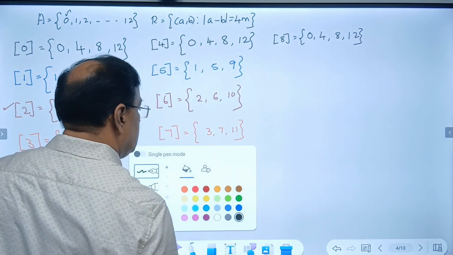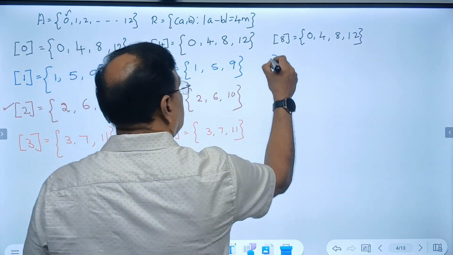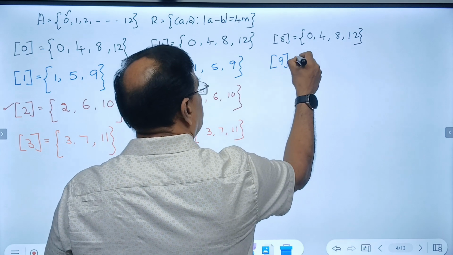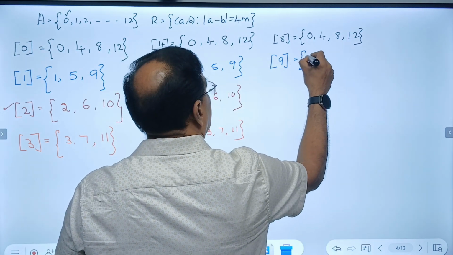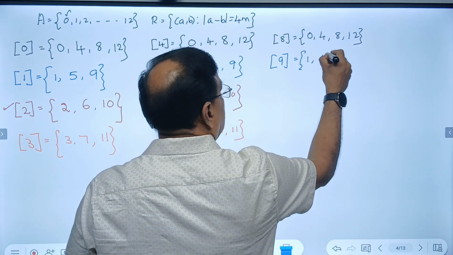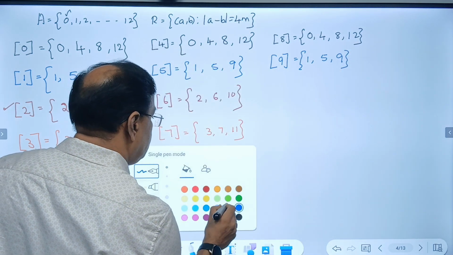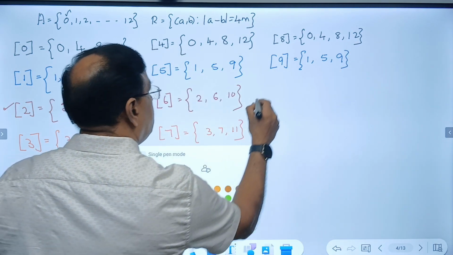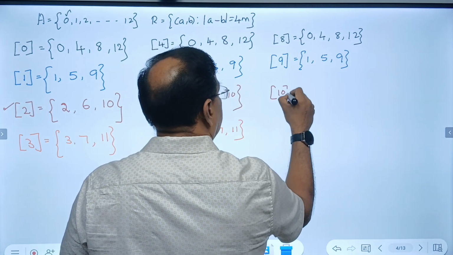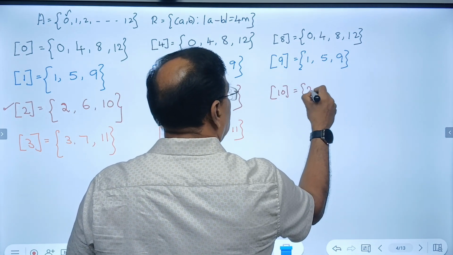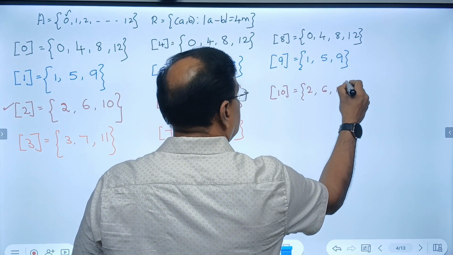What is the equivalence class of 9? The equivalence class of 9 will be 1, 5 and 9. What is the equivalence class of 10? That will be 2, 6 and 10.